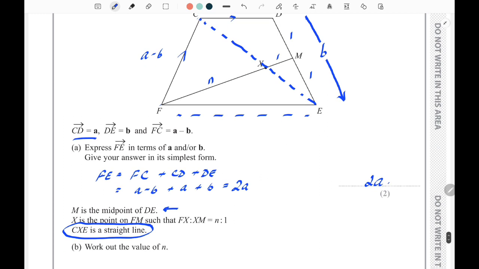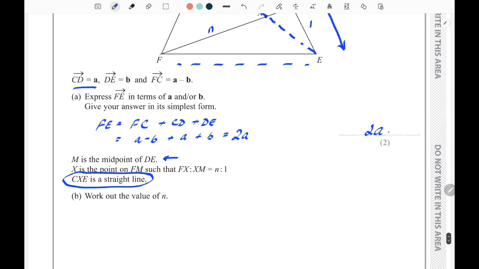And I'm going to actually talk about this for a moment, okay? If things are 3 points on a straight line, they are called collinear. I mean, all those points lie on the same straight line.